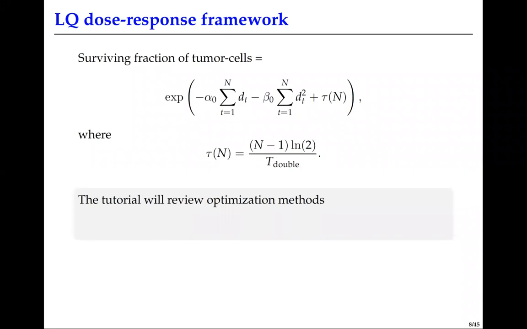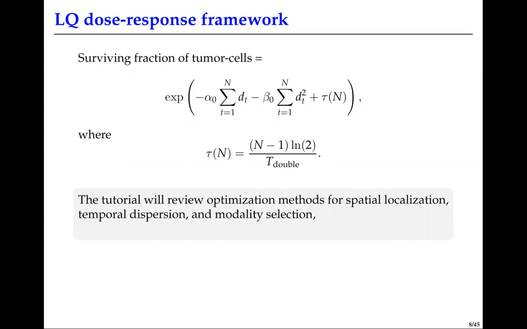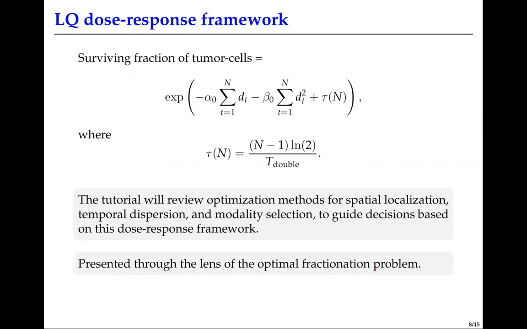In particular, the tutorial is going to look at optimization methods for spatial localization, temporal dispersion, and modality selection to guide decisions based on this particular dose response framework. This is the reason I titled the tutorial response guided dosing in cancer radiotherapy.